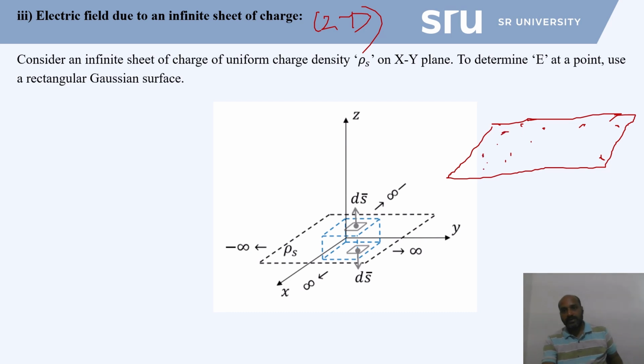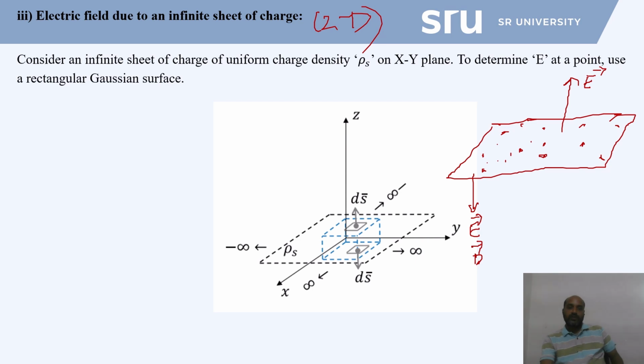So if the charge is distributed on the surface, definitely the electric field will be either in the upward direction or the downward direction. So this is the direction of electric field, or you can say D.